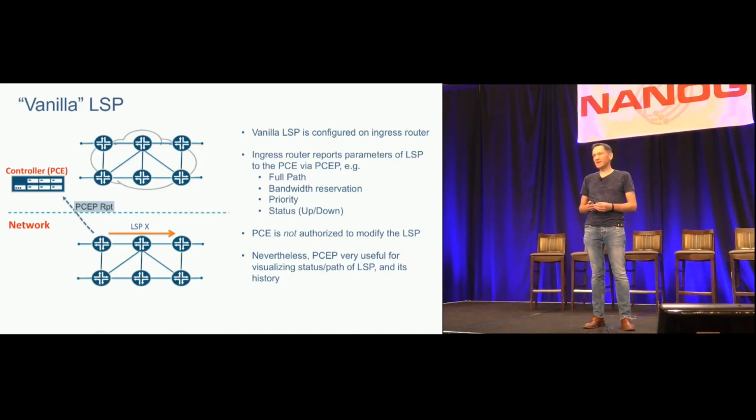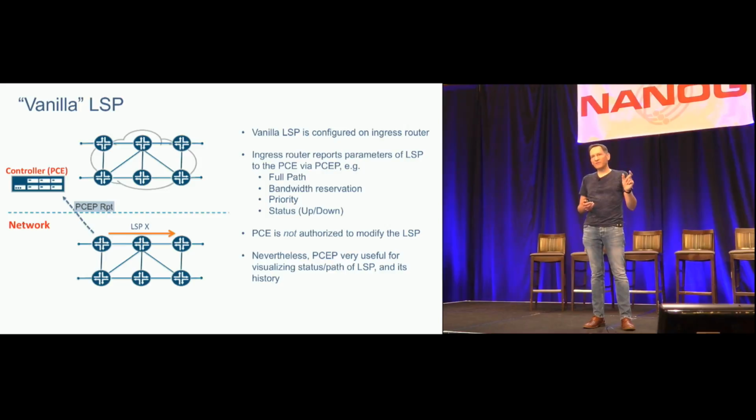So this is what I call a vanilla LSP. This LSP could have been configured on the ingress router months or years ago in the traditional way using CLI config. And if you turn on PCEP on this network and attach a controller, what will happen is that all of these LSPs will be automatically reported to the controller via PCEP.